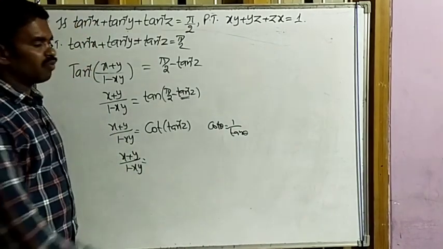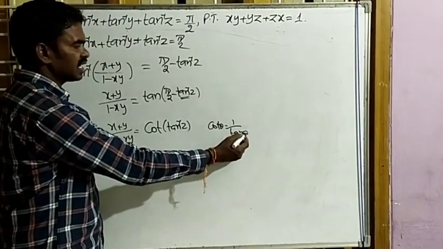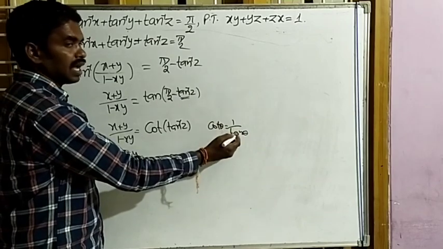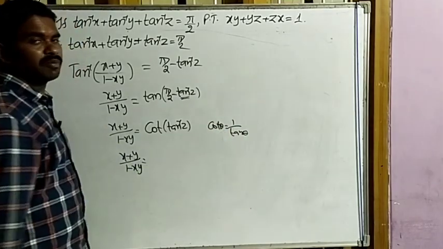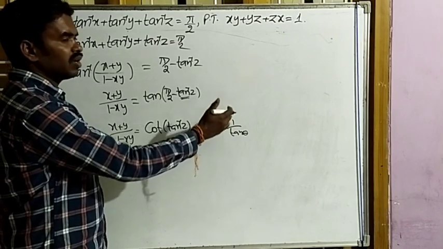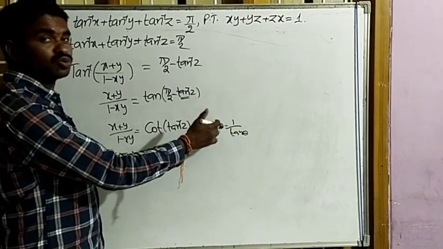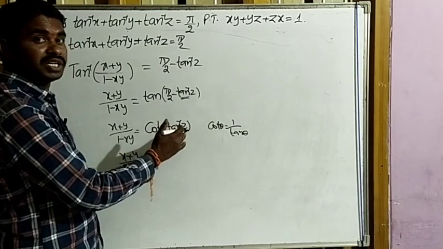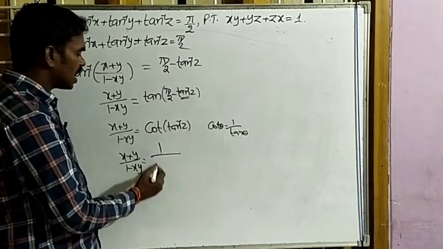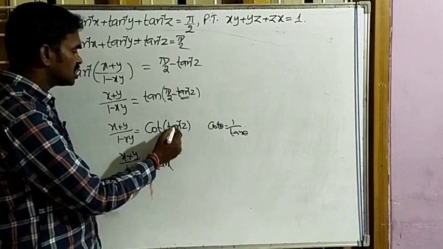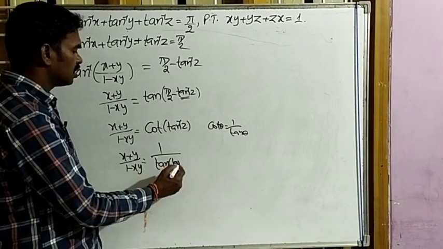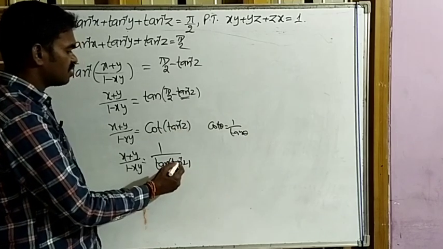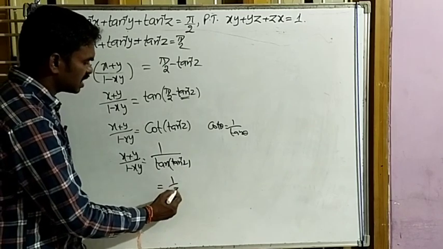Whatever the angle, cot means 1 by tan. Cot x is equal to 1 by tan x. Cot 2 theta equals 1 by tan 2 theta. Like that, cot of tan inverse z equals 1 by tan of tan inverse z. Treat tan inverse z as theta. Now tan inverse cancels, and what remains is simply 1 by z.